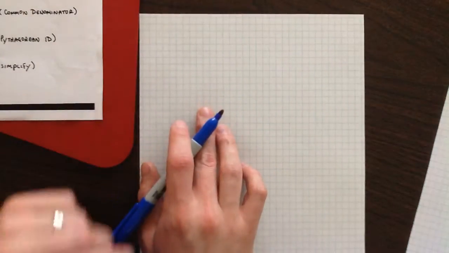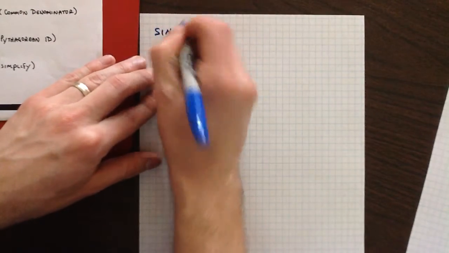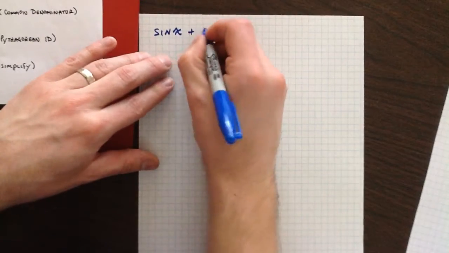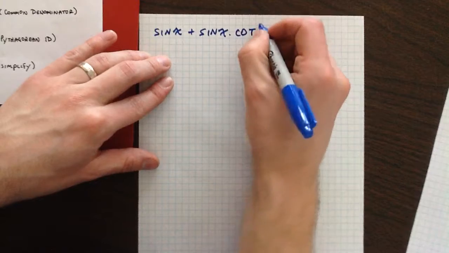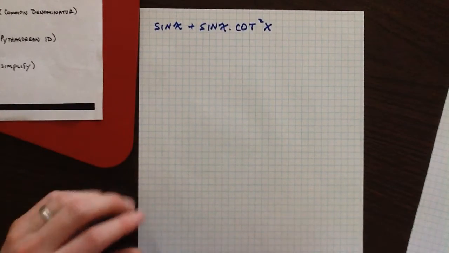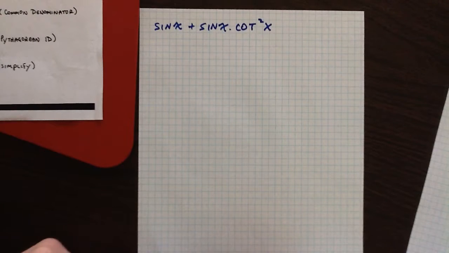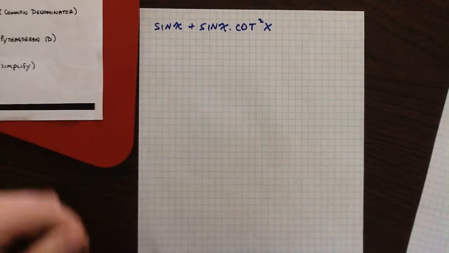Let's do another one. Sine plus sine times cotangent squared. Let's simplify it down to just one expression. Well, we've got sine, we've got cotangent.